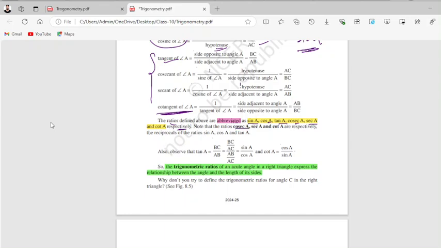Note that cosec A, sec A, and cot A are respectively the reciprocals of sin A, cos A, and tan A. And tan A is equal to sin A upon cos A, and cot A is equal to cos A upon sin A. So basically this is a small discussion of the introduction of trigonometry. Thank you so much.